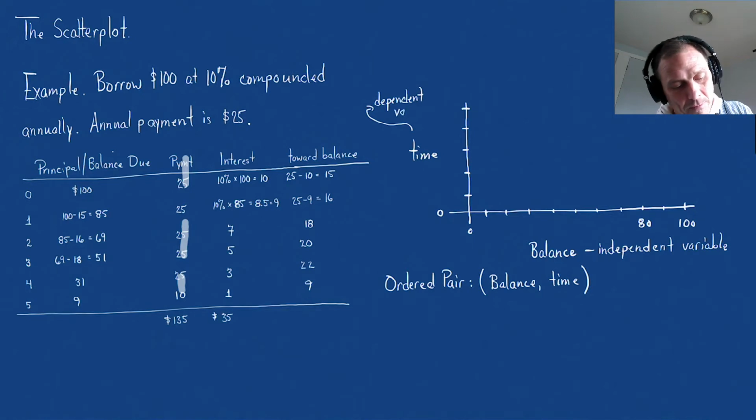And if I switch these, then time would become independent and balance would become dependent. So whenever you are given an ordered pair, you can think of it as the horizontal variable and the vertical.